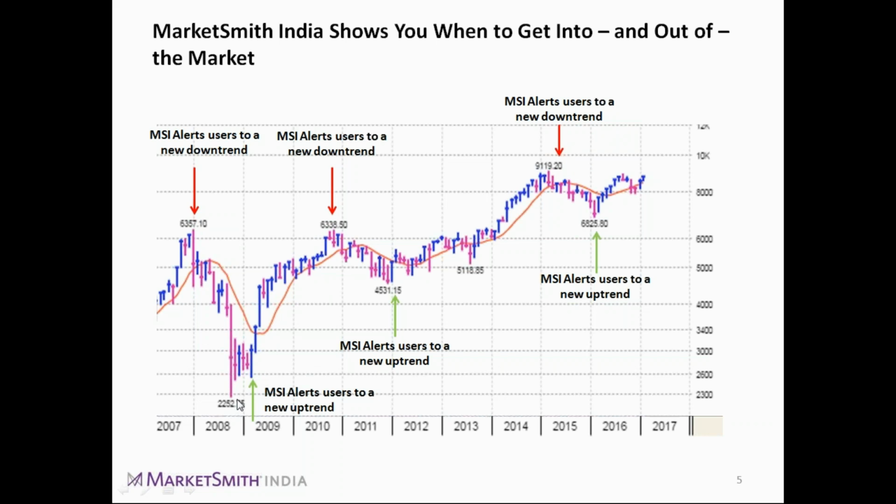We didn't really catch the bottom, but we did manage to catch fairly early that the uptrend is starting, as well as spotting tops. In this particular top, we did not catch the exact top, but at a fairly early stage of the downtrend, we recognized that we are starting to enter a downtrend. And as you will see in many of the stock examples, these kinds of calls helped us to protect a lot of our profits.